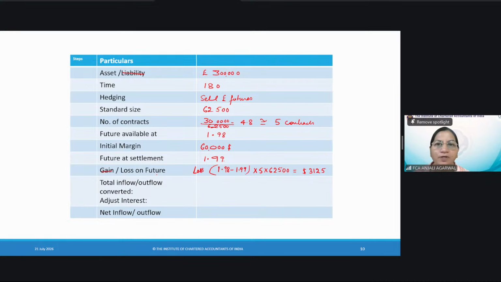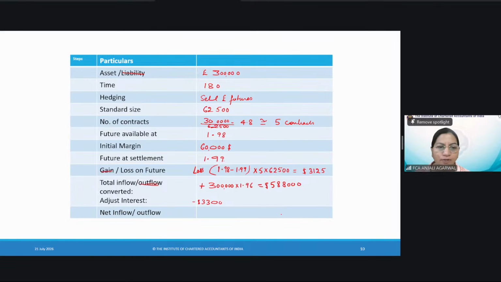Total inflow, because you have receivables this time. So the total inflow will convert your 300,000 pounds at the spot rate. This you will receive, so you're going to receive $5,88,000, and interest cost was 3,300. This will be an outflow again.